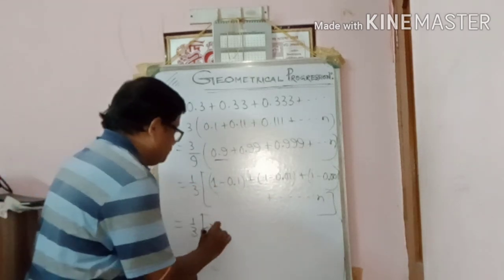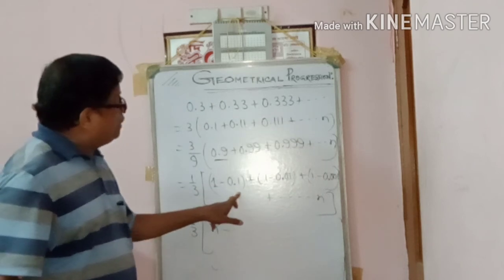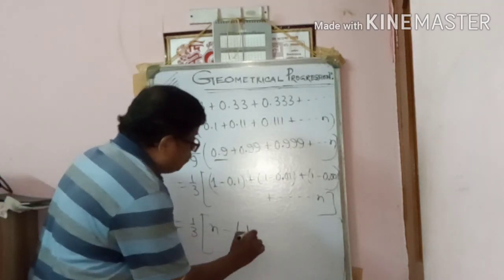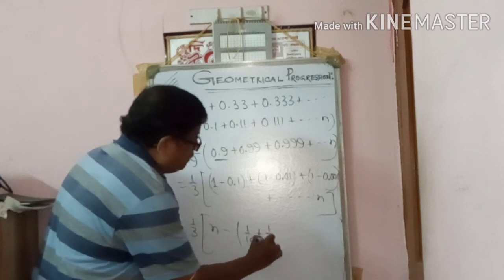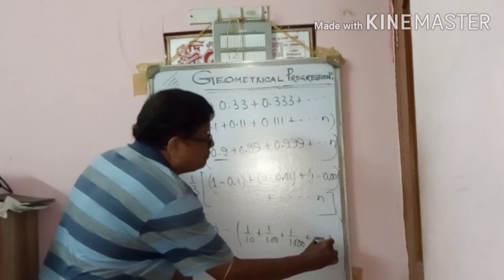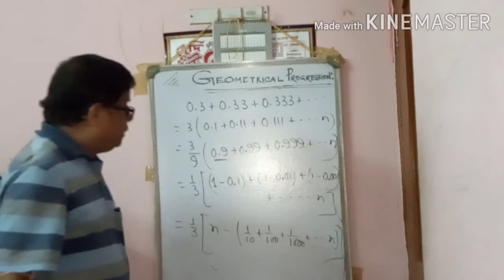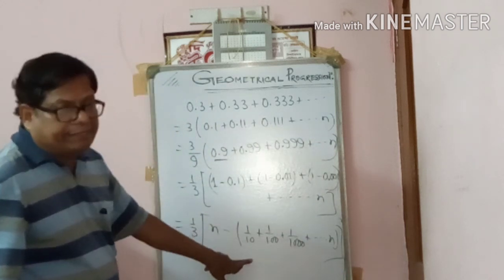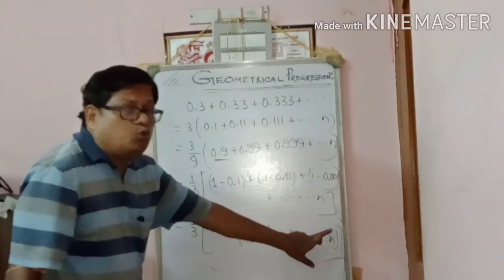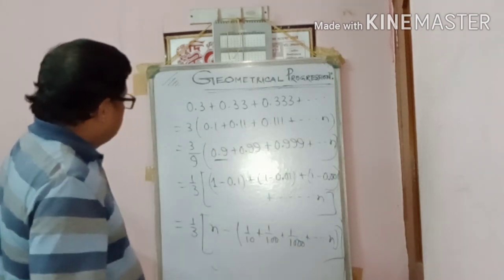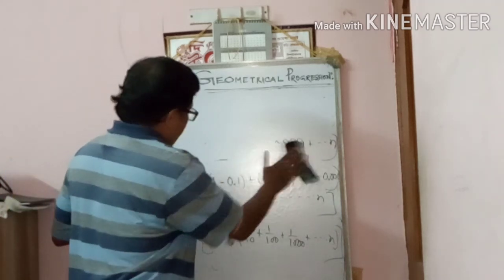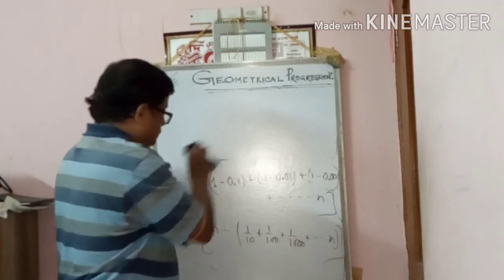So write n minus 0.1 minus 0.01, and 0.1 we can write as 1 by 10, 1 by 100, 1 by 1000 up to n terms in a bracket.